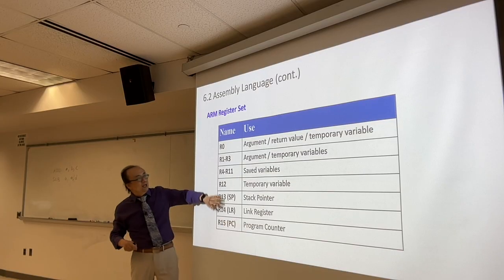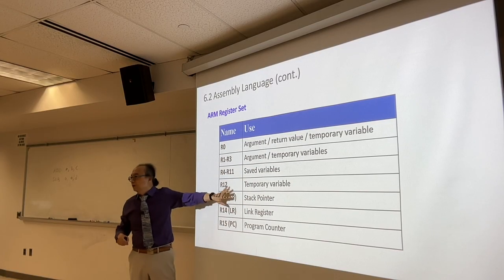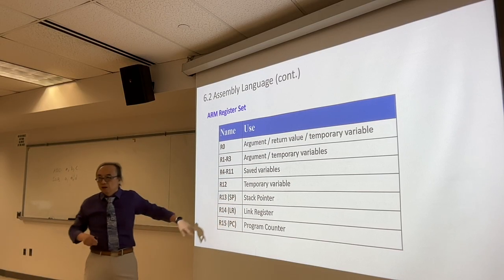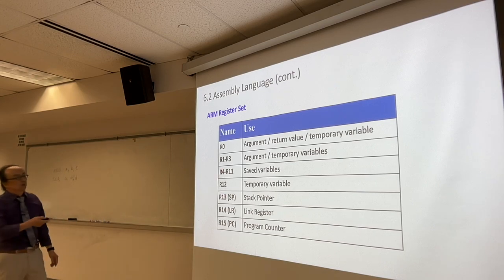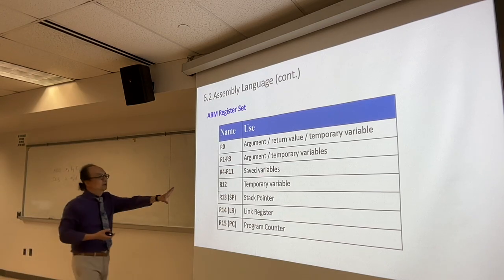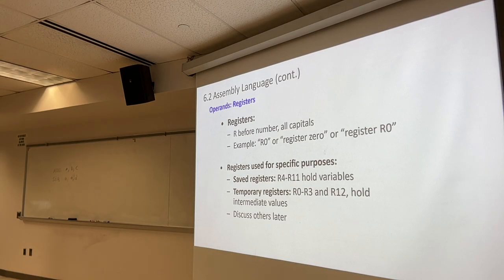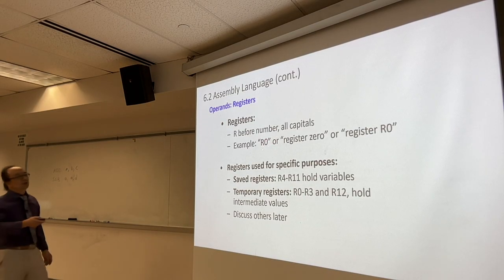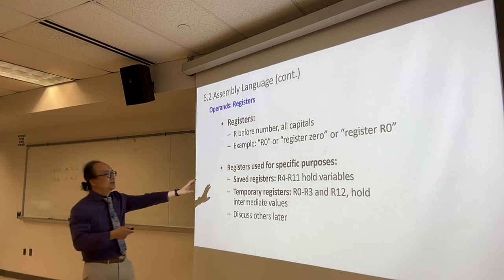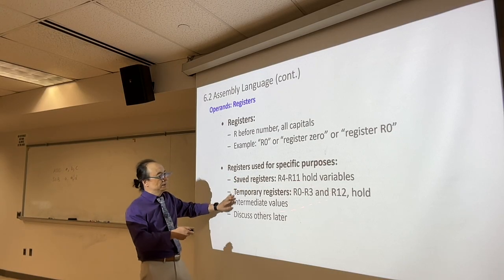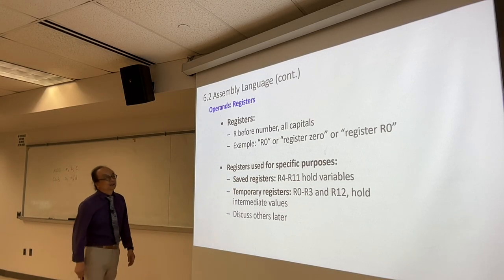They're reserved, and you don't have to worry about knowing which is which. For our examples, I'm going to freely use R0 to any. The saved registers are R4 to R11, which you can take a look at.